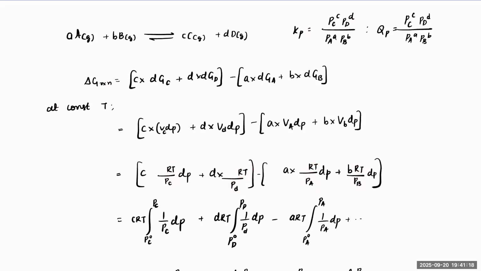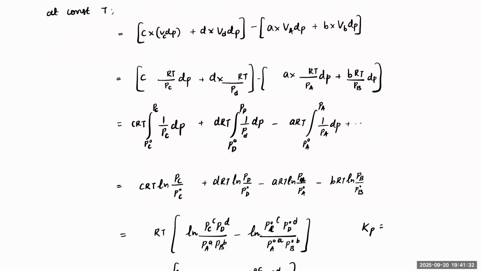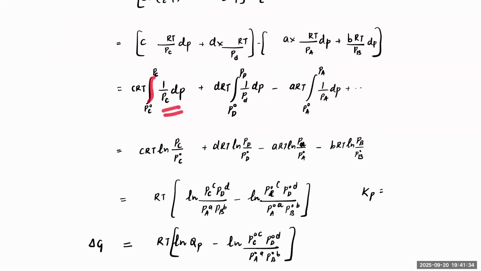Now you can see cRT is coming common, dRT is coming out here, aRT here, and bRT here. Clear? And the integral of this entire thing, what do I get? The integral of 1 by Pc dP will be ln of Pc by P naught c. This Pc means the equilibrium pressure divided by some P naught c, the initial pressure.